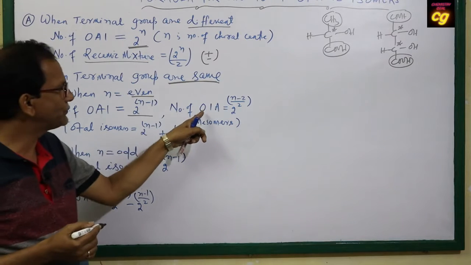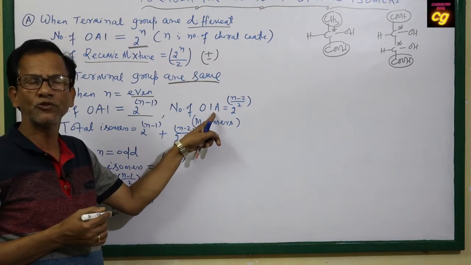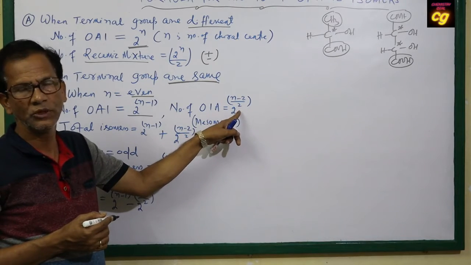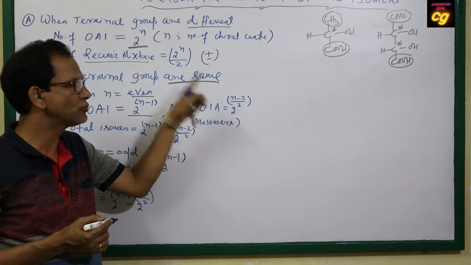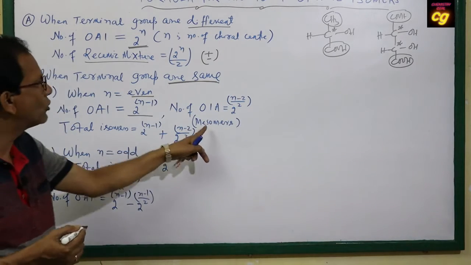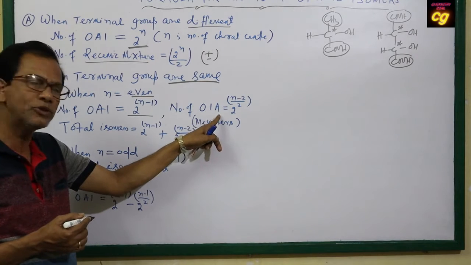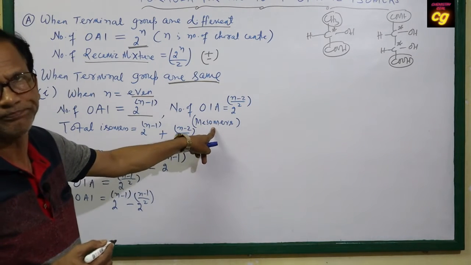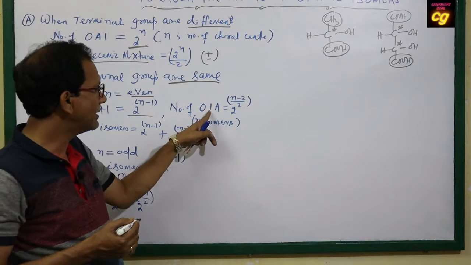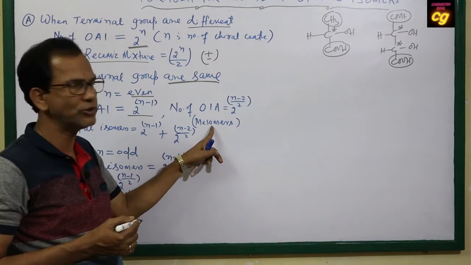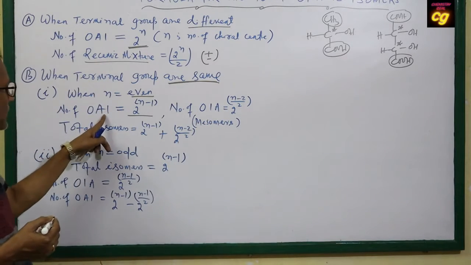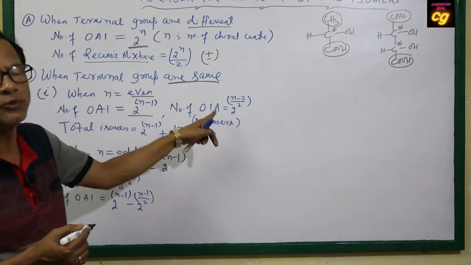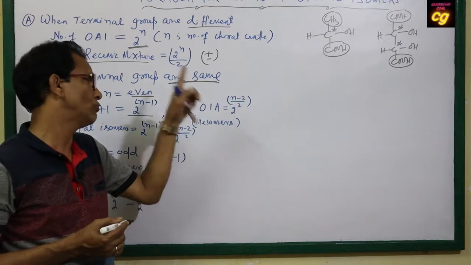Then the number of optically inactive isomers is 2 to the power (n minus 2) by 2. These are also called optically inactive isomers, or mesomers. But optically active isomers equal 2 to the power n minus 1.